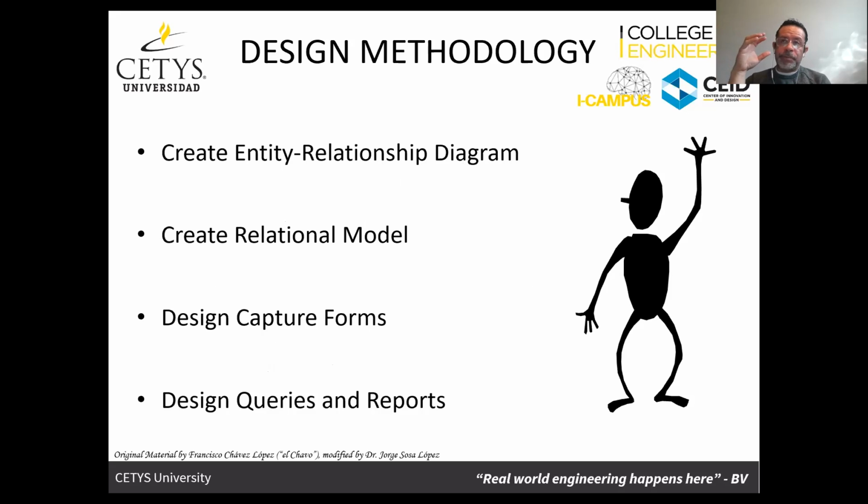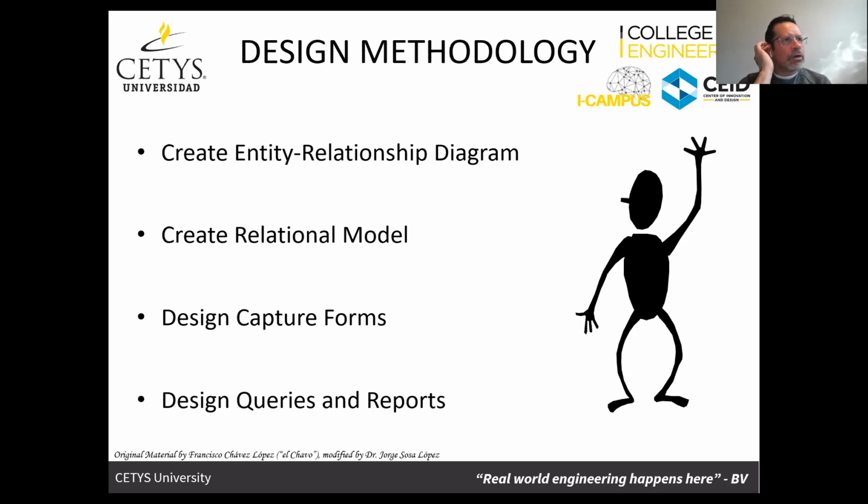So for the purpose of this course and what we're going to be talking about right now, focused on databases, there's going to be certain steps or sub stages within the design stage that we're going to be following. First off, we're going to try to identify the entities now formally of our system and how they are related to each other.